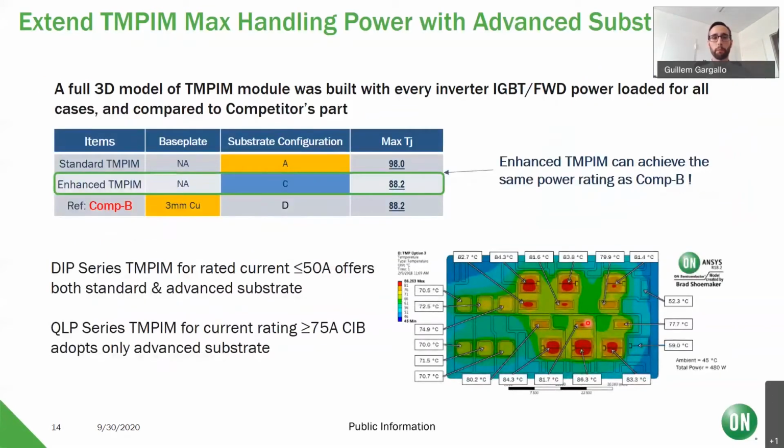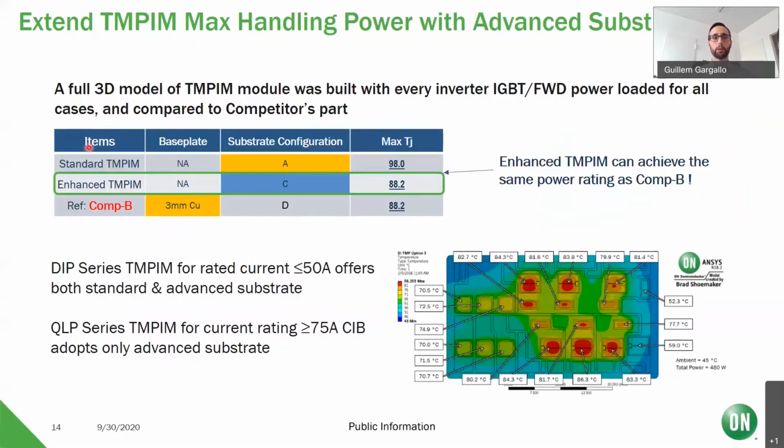Also, if we compare our transfer molded package to a base plate again, we did some simulations where we built a complete 3D model of our transfer molded PIM and compared it to a base plate package with a 3mm copper base plate.